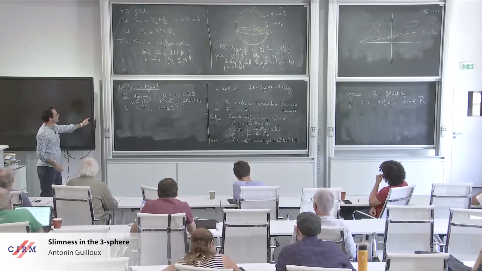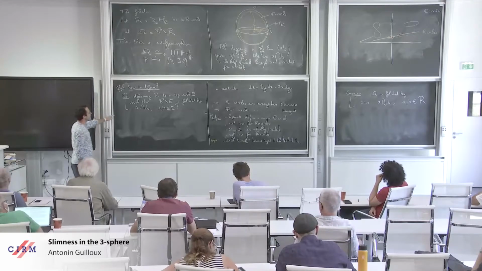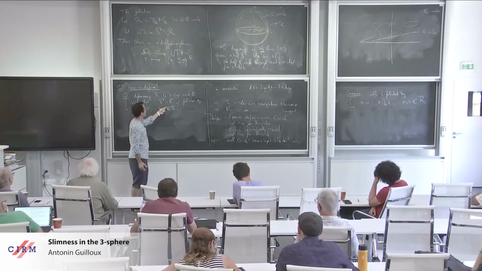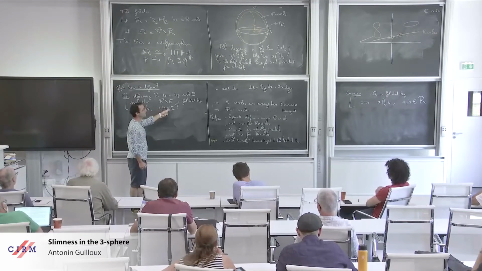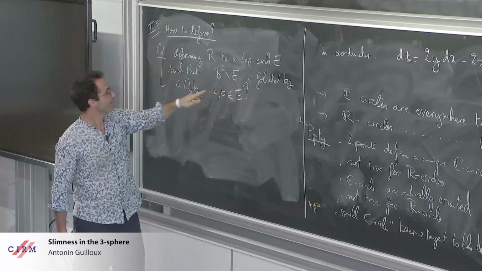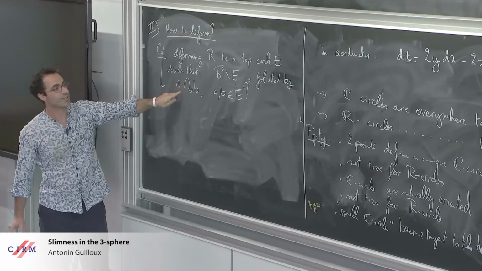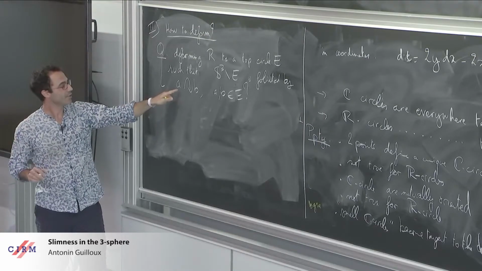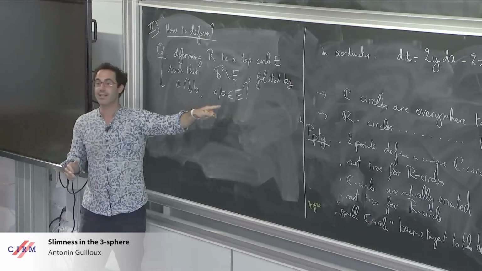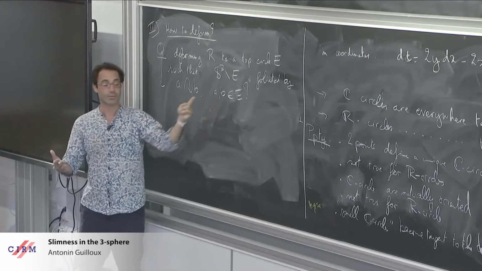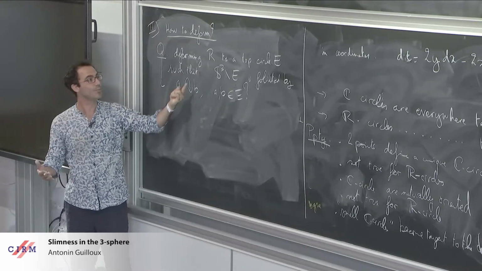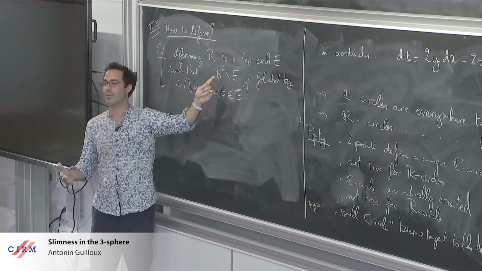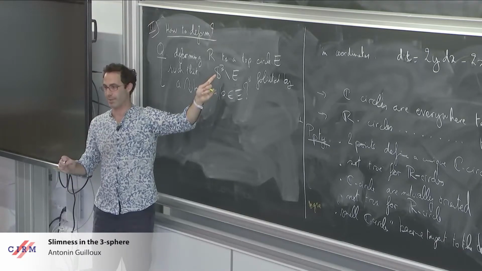Okay, so there are some quite easy to see constraints. For example, in order for this foliation to be even possible, you have to ensure that these arcs are not meeting E once more, because these arcs are supposed to foliate the complement. They should be at least included in the complement.